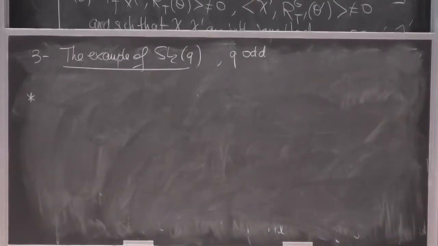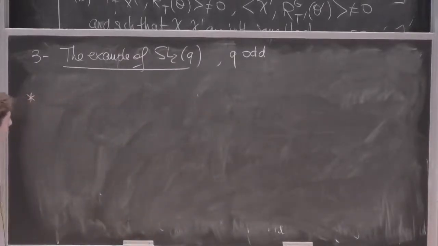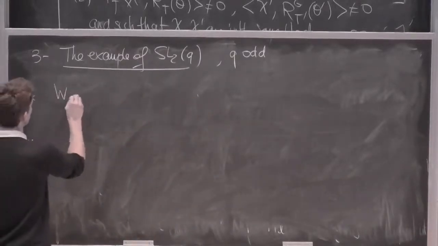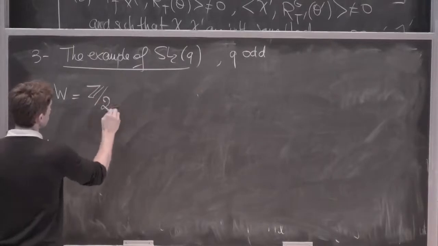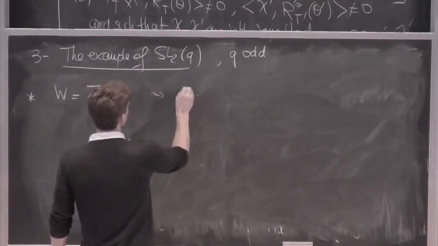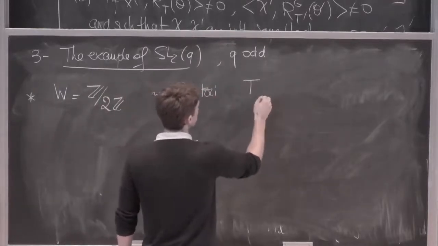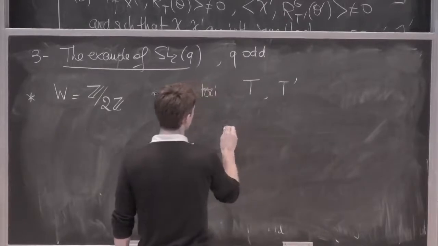So Meinhof said that the number of rational classes of such tori was the same as the number of conjugacy classes of the Weyl group. So here the Weyl group of SL2 is Z over 2, which means we really have to care about two tori that we call T and T prime.